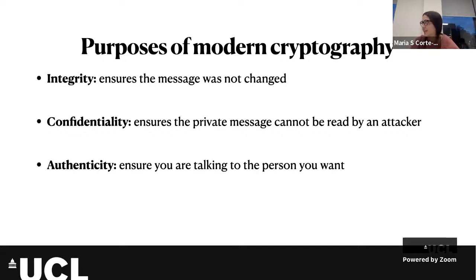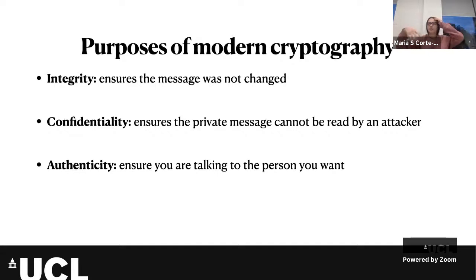Confidentiality ensures that your message can't be read by anyone malicious, that you don't want reading your messages. This is probably the most familiar one, and this is what things like encryption ensure. The last one is authenticity, which ensures that you're talking to the person you want.